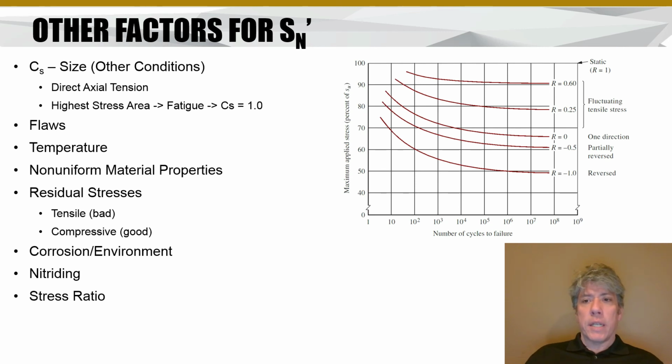But as you get into fluctuating tensile stresses down to R equal 0.6 and 0.25, then you see that the effective maximum applied stress as a percentage of the ultimate strength goes lower and lower. And so that's problematic, right? Because what are we doing? Well, let's see. At an R of 0.6, well, that's a minimum stress that's still positive. These are both positive stresses, the max and min.